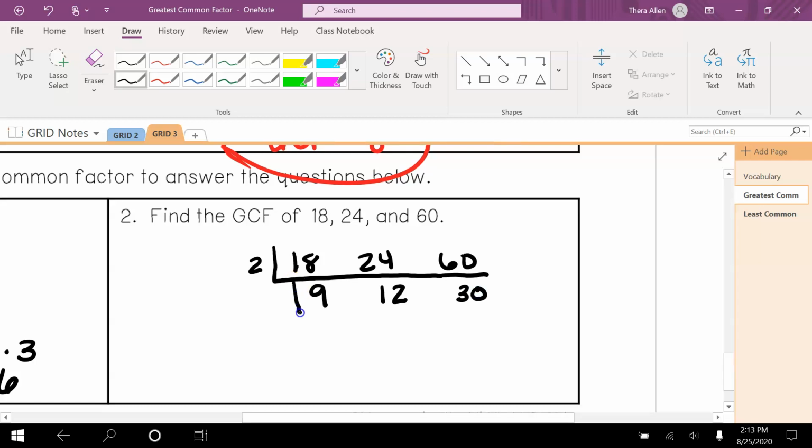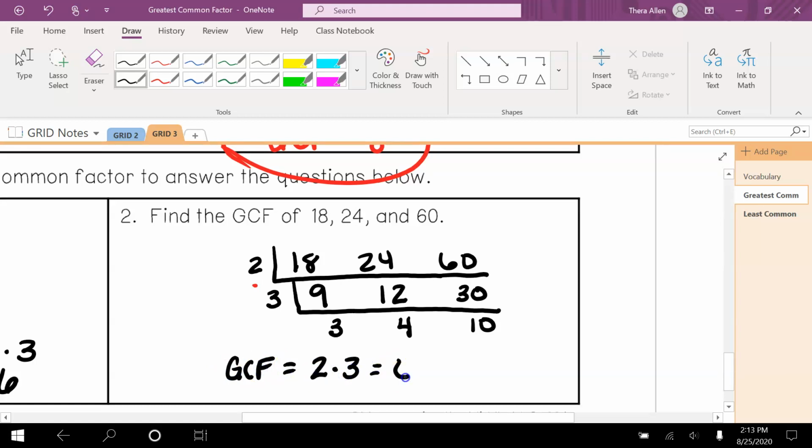Yes, 3. 9 divided by 3 is 3. 12 divided by 3 is 4. 30 divided by 3 is 10. Now, can anything go into 3, 4, and 10? No, it cannot. So I have my 2 factors right here. So my greatest common factor equals 2 times 3, which equals 6 again.